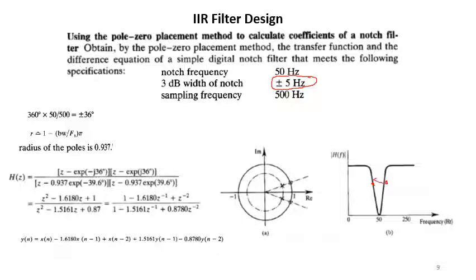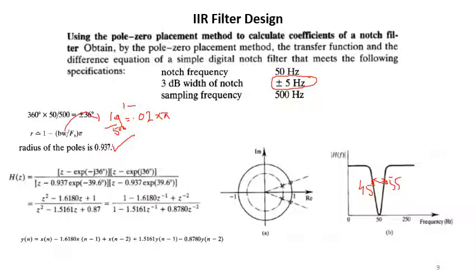The difference between the two is given as plus minus 5, meaning 10, because this point will be 50 minus 5, that's 45, and this will be 55. So the difference will be 10, so you just put 10 here. 10 divided by the sampling frequency, given to be 500, is 0.02, and then you multiply it by pi and subtract it from 1, which will give you radius equals 0.937.